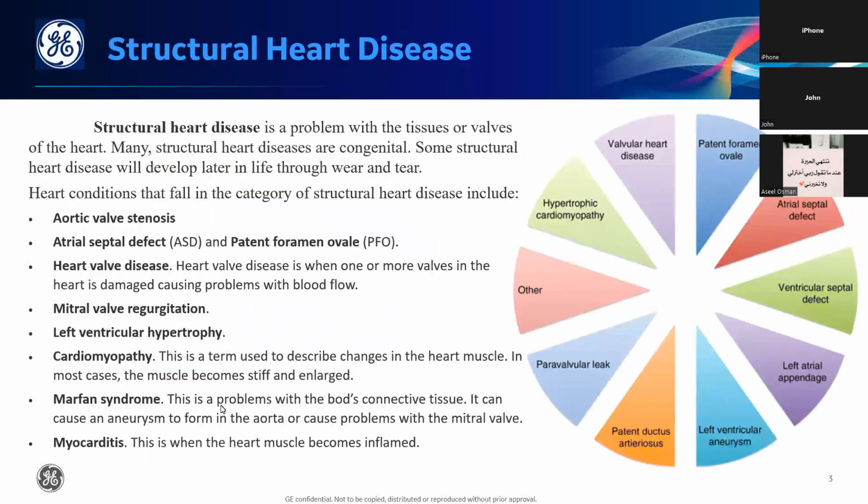So first thing is, what is structural heart disease? Of course, it's an issue with the tissues or the valves that is usually congenital, but of course some will develop later in life, such as aortic valve stenosis, ASDs, and PFOs, valve disease in general, regurgitation, degenerative disease, left ventricular hypertrophy, cardiomyopathies, Marfan syndrome, myocarditis.